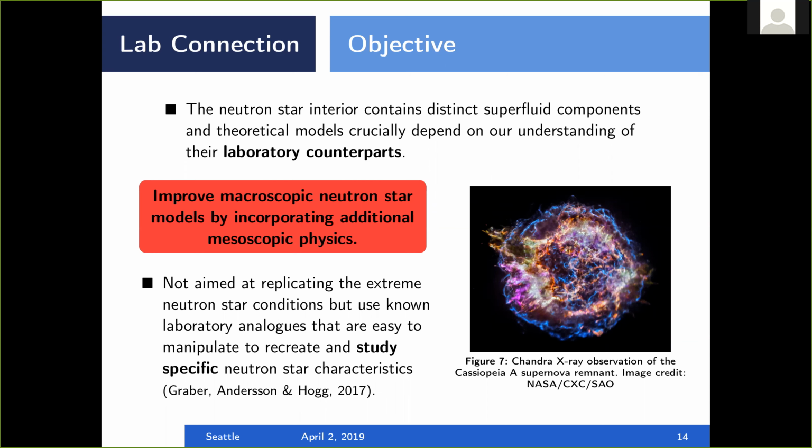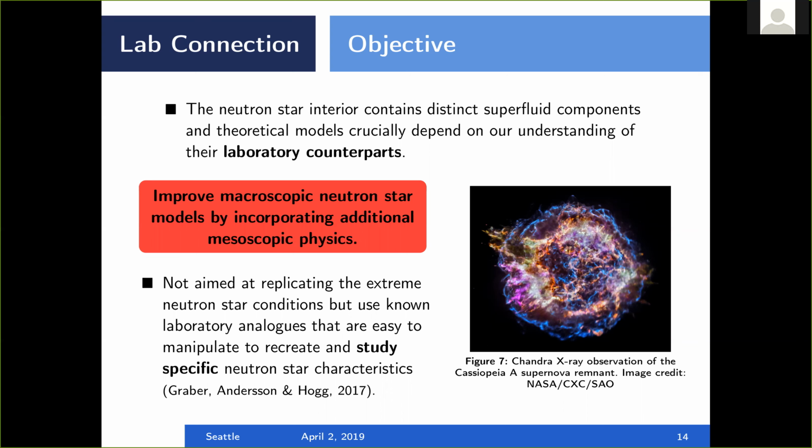And when I say that I want to test some of these in a laboratory system, I am not telling you that we can rebuild an entire neutron star in a laboratory setup. What I want to do is look at specific systems that I can use to study various neutron star physics aspects that I think are going to be important.